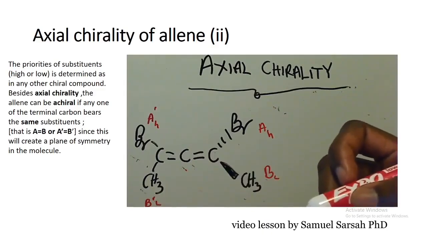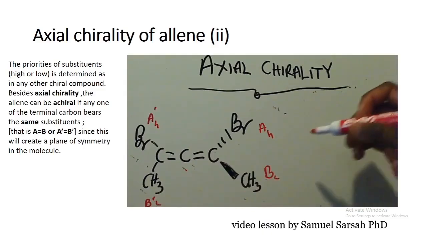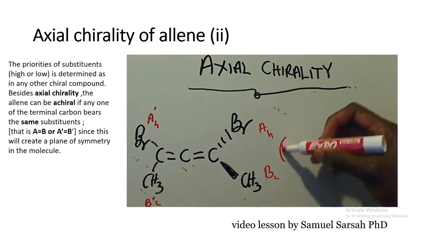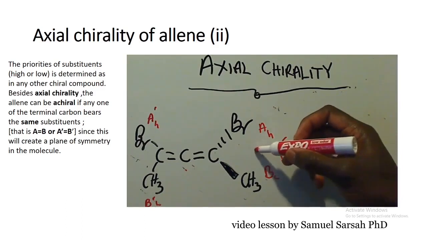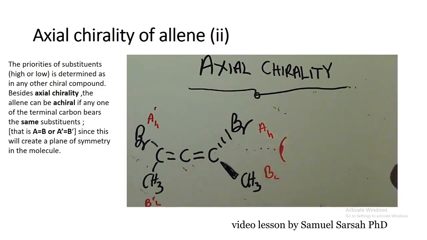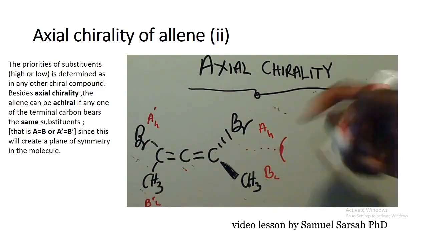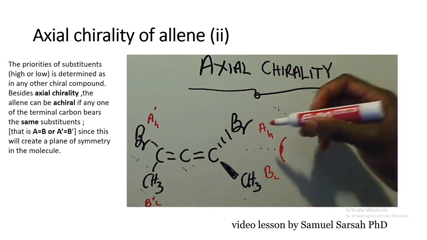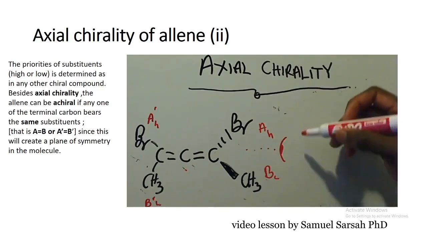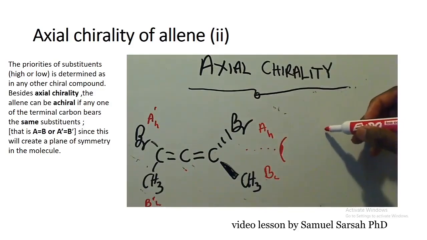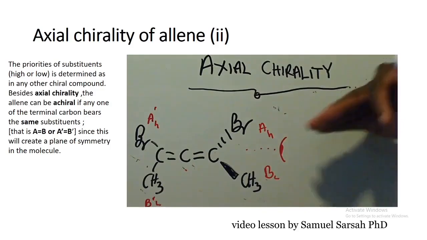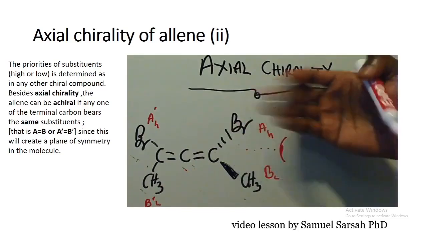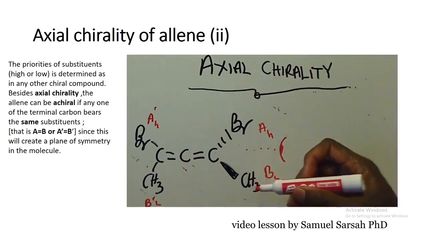So after assigning them this way, I'm going to assume maybe I'm standing here looking at the molecule from here. Okay. So I will see these two groups first, the A and the B. Looking at this, the bromine is pointing to my right and the methyl group is pointing to my left.